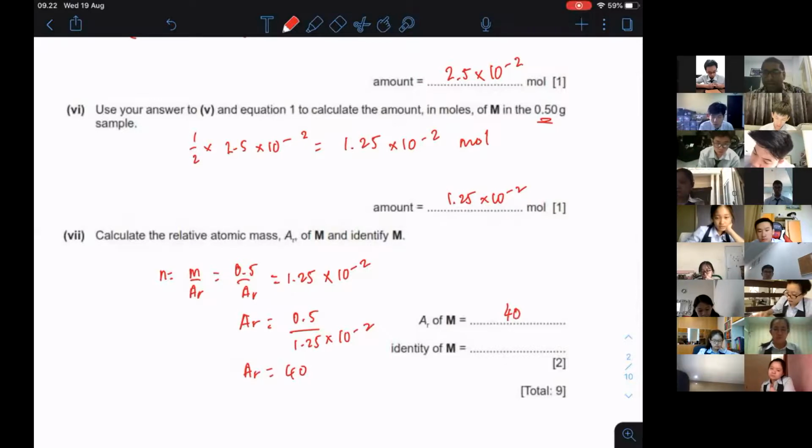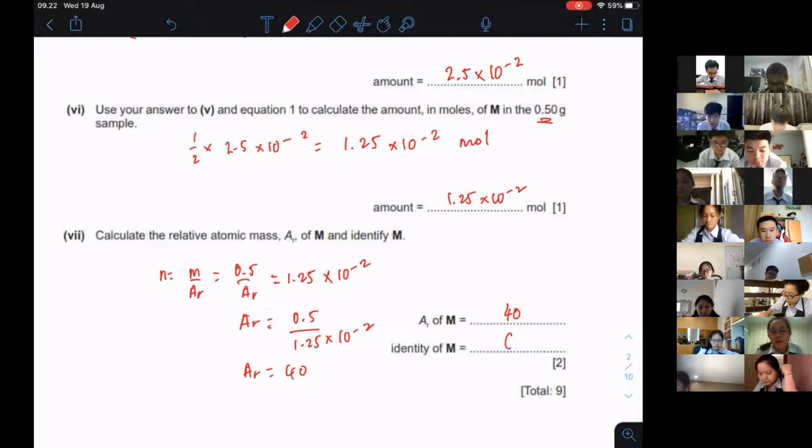If you look at your periodic table, which one has AR 40? James? Yes, sir. What is the identity of M? Look at your periodic table.